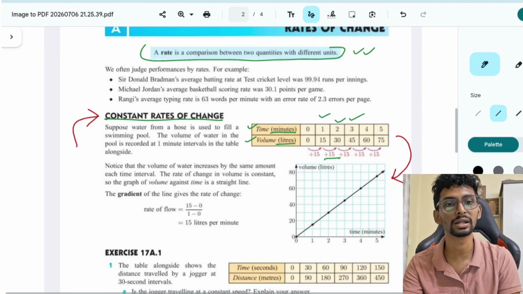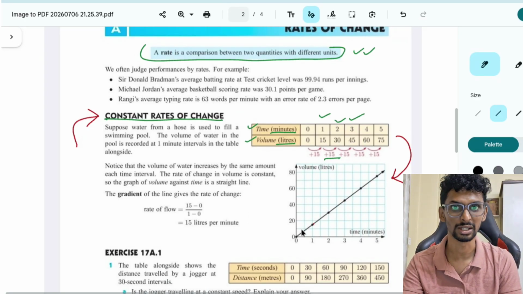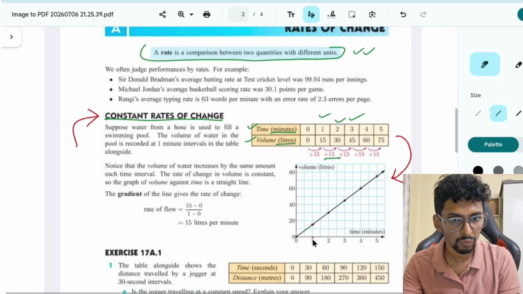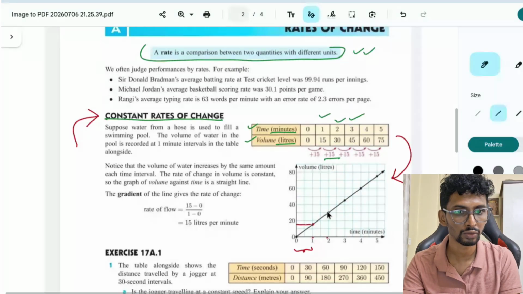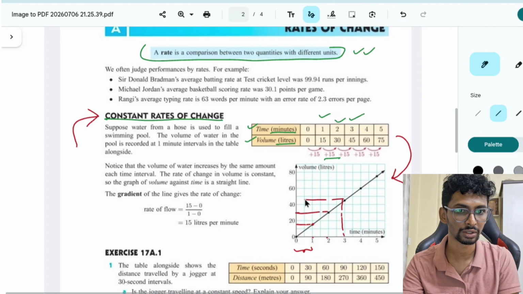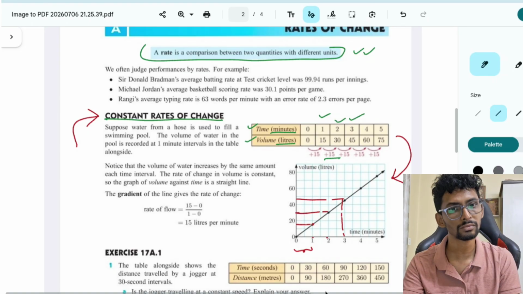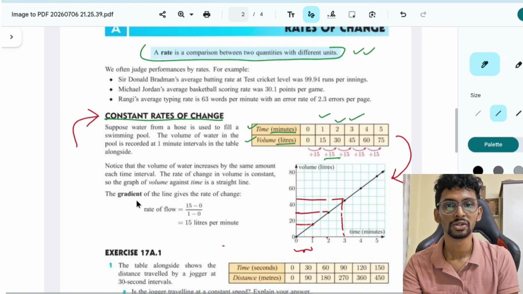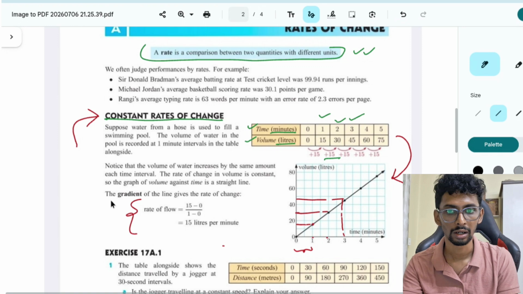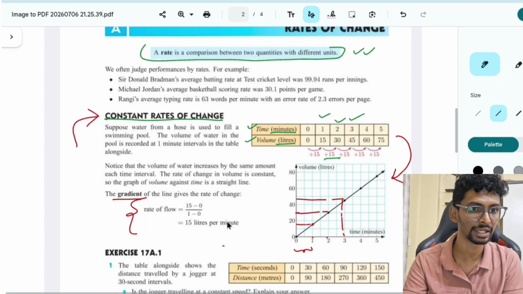So whenever in a graph you compare two quantities and you get a straight line, that means the rate of change is constant. Here you can see in 1 hour the volume is 15 liters, after 2 hours the volume is 30, after 3 it becomes 45. So you can easily find the rate, which you can also call the gradient of this line.